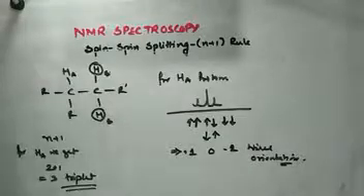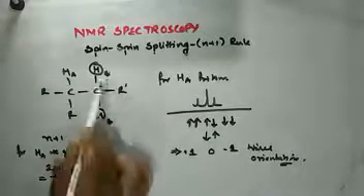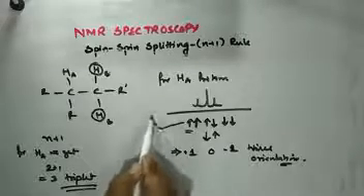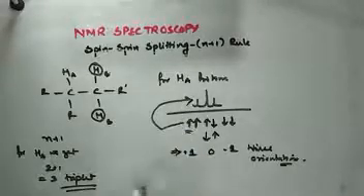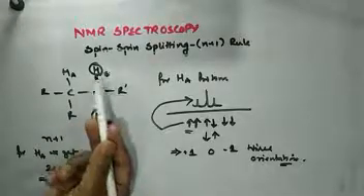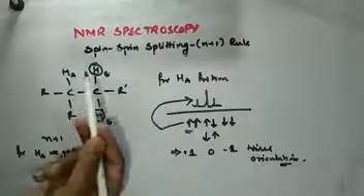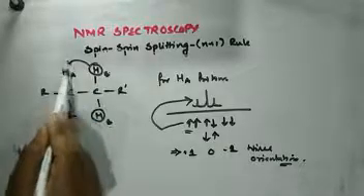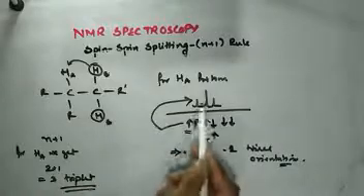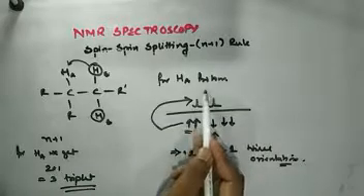In the first case, the signal will be here. Why? Because both nuclei are with the external magnetic field, it enhances the magnetic field experienced by this proton, and that's why the signal will be a little bit downfield from the original position.